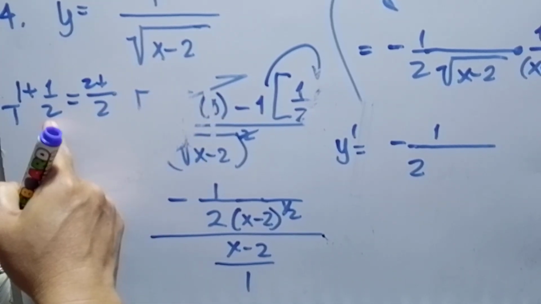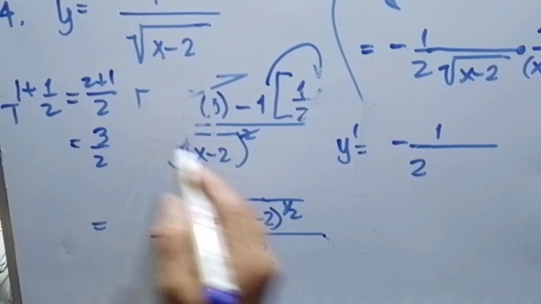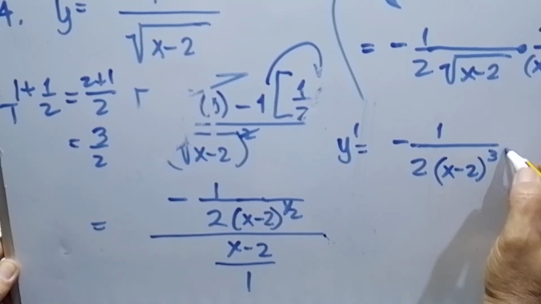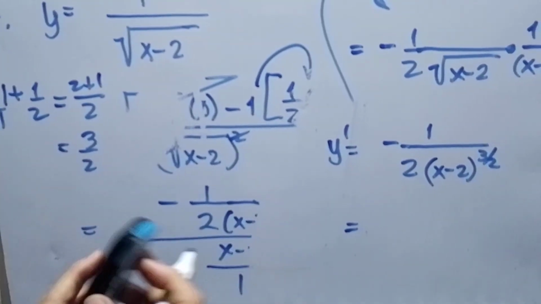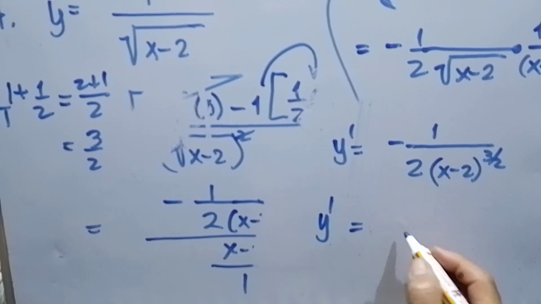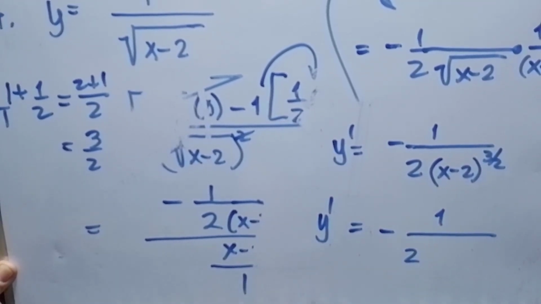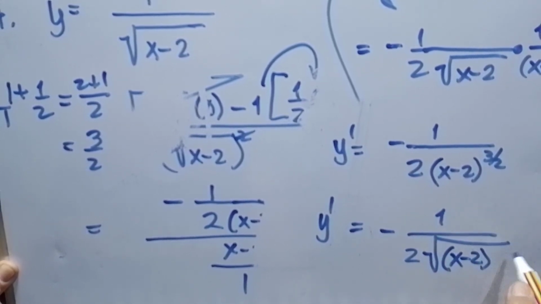Plus 2 divided by 2 is 1 times 1, that is 1. So this will be 3 halves. So this will be x minus 2 raised to the 3 halves. So how do I write it in radical form? y prime is equal to negative 1 over 2 times the square root of x minus 2 raised to the power of 3. So that's the answer for number 4. That's all.